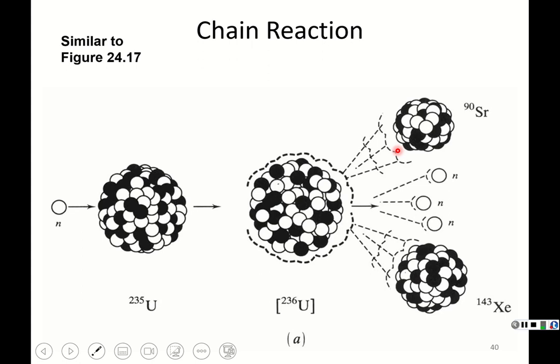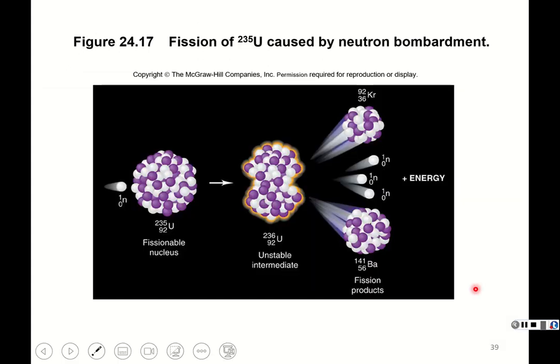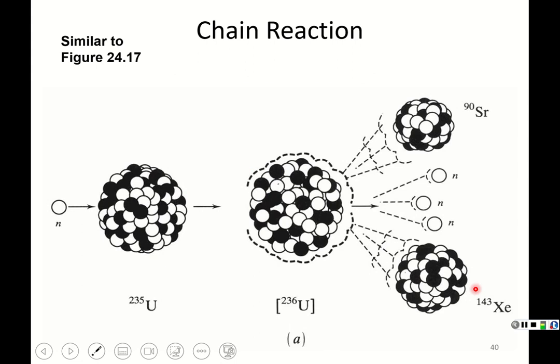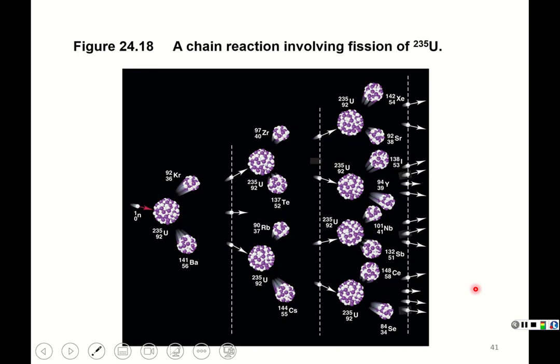Here's a different reaction, similar to the figure, but now we're making strontium-90 and xenon-143. So the products you make can be different. In the book, we're splitting more and more, and things like zirconium, tellurium, rubidium and cesium are coming out.